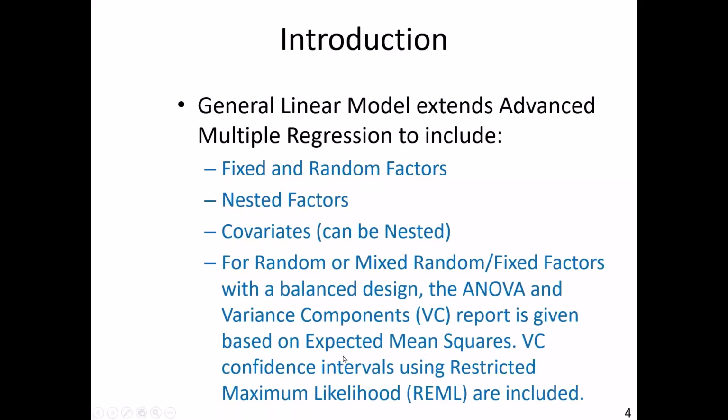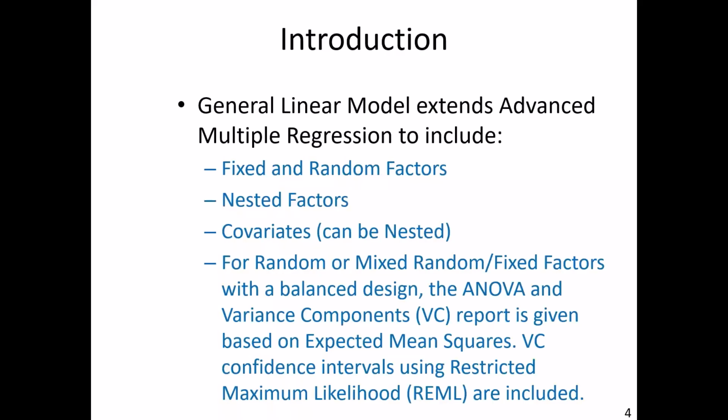The way it is calculated is using what's called classical expected mean squares. Something that we do in addition is we compute confidence intervals using a more advanced method called restricted maximum likelihood. Now, I'm not going to get into the mathematical details. These are available in the workbook appendix. We'll just focus on the interpretation of the software output. But this is just by way of background.